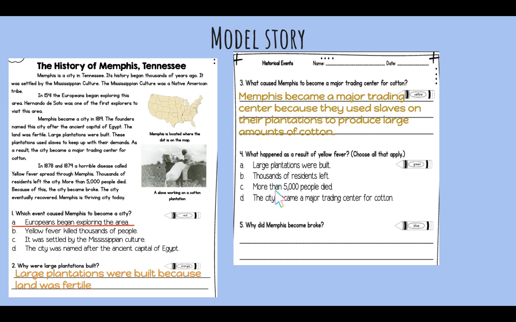Oh, that's one of my answers, so I bet that's the connection. What happened after the yellow fever? More than 5,000 people died is what I'm going to say. And then it also says that thousands of residents left the city. So I'm going to go with those two as my answer. Let's double check ourselves. Perfect. So thousands of residents left, that's one answer. More than 5,000 people died is the second answer. So my answers are B and C. And again, I can prove those answers because I found them directly in the text, friends.